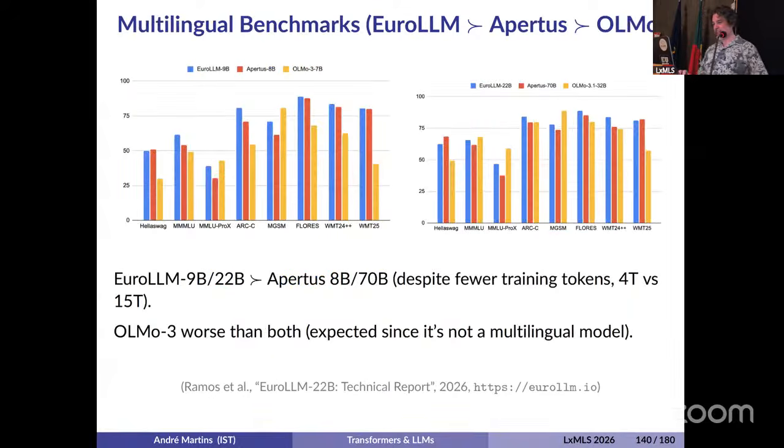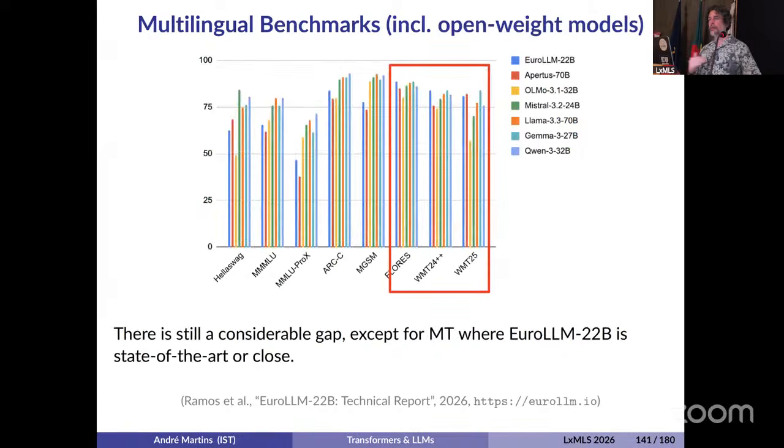Oh, right. So I have this other slide that shows that EuroLLM does fairly well in benchmarks, especially in machine translation benchmarks, which are the last three. This comparison is against other fully open models, including Apertus and Olmo. But if you include open weight models in this comparison, these fully open models are still behind.